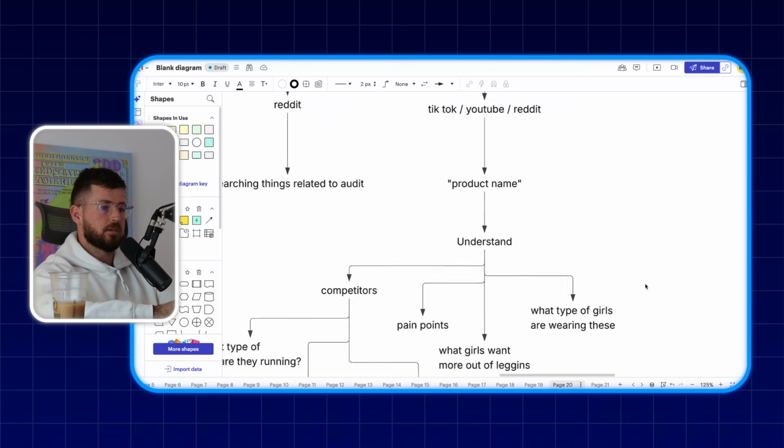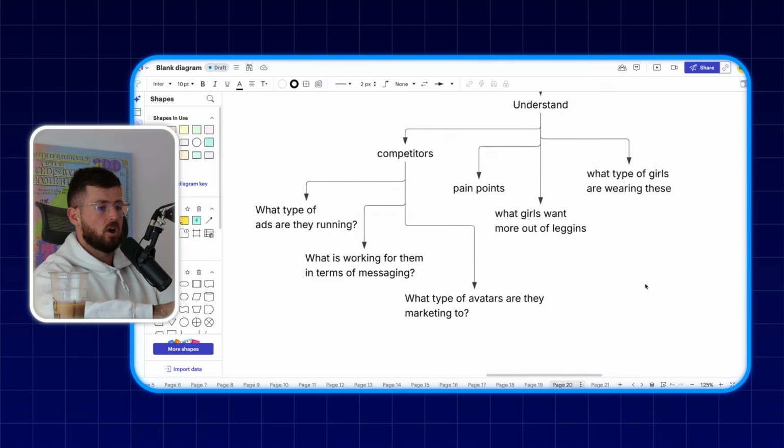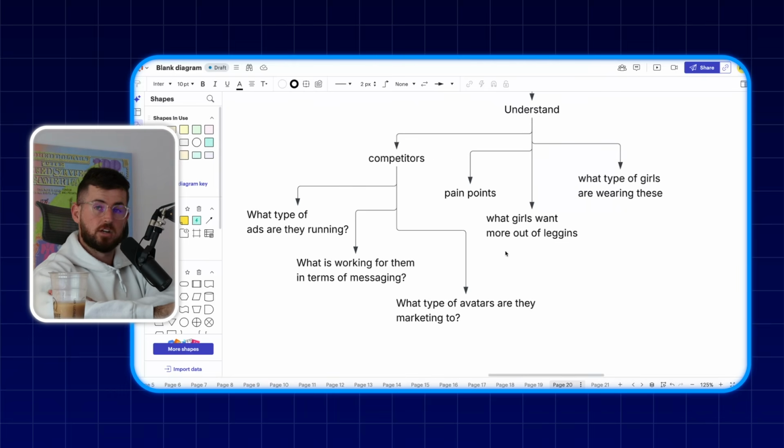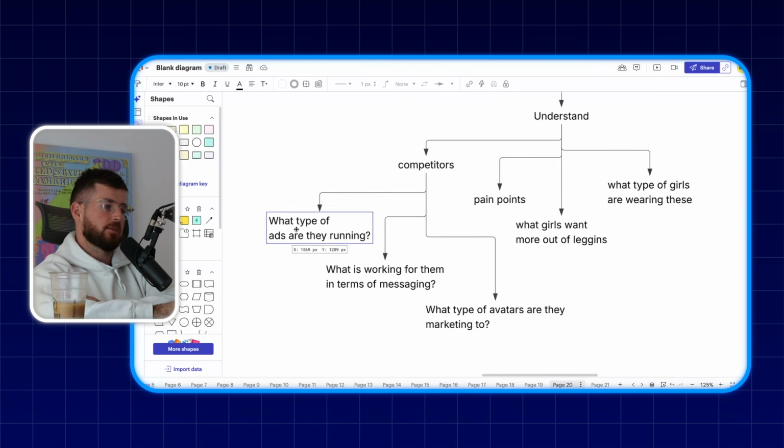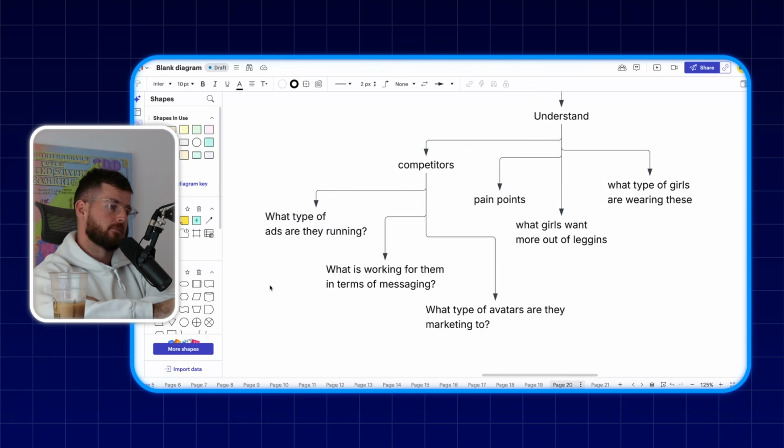So I could compete here in the sense of, okay, we're going to film similar creatives to how things are being filmed, right? If I look at my competitors and see what type of ads they're running, for powerlifting and running in general, they're literally just showing the girl running or powerlifting, and she looks like a badass wearing these leggings.